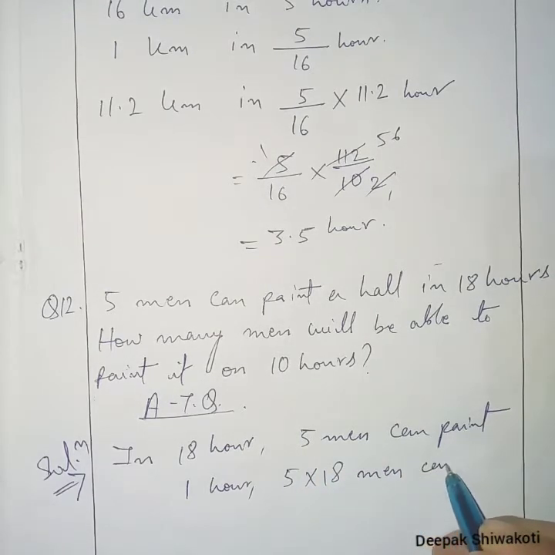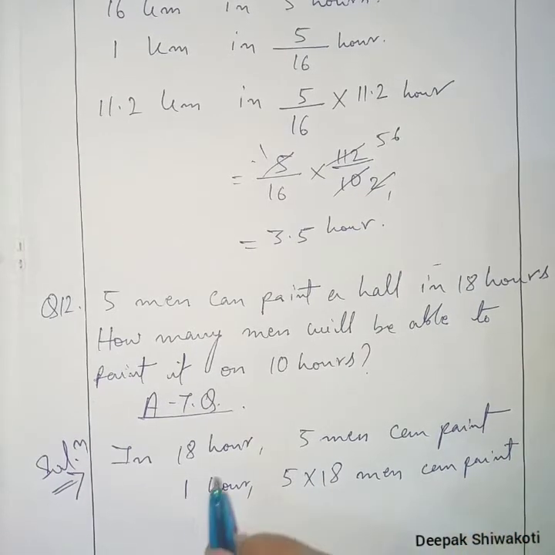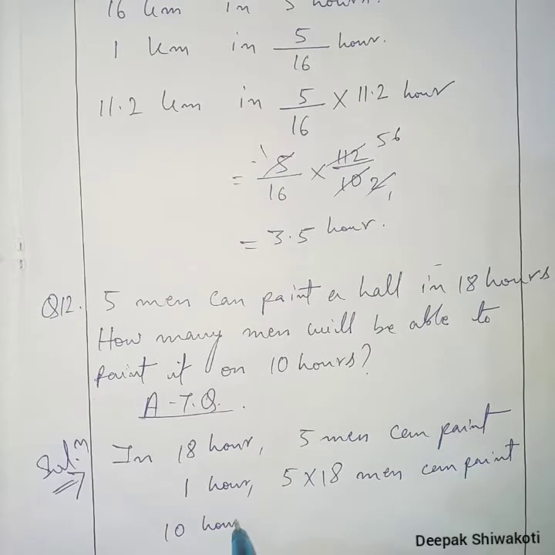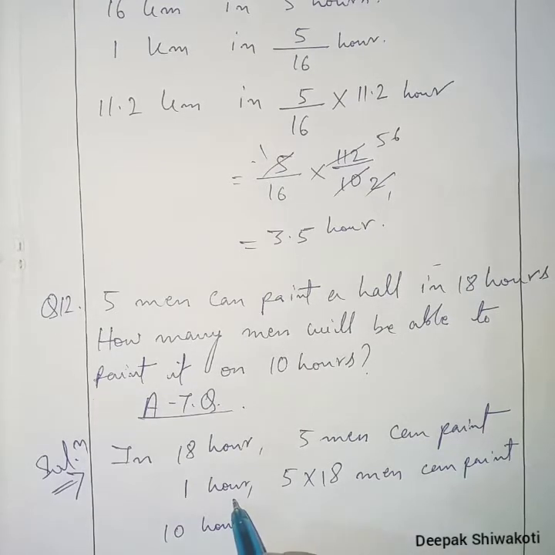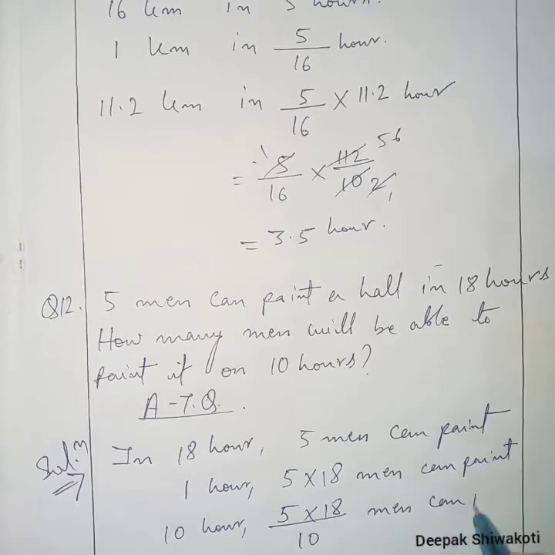Can paint, and again 10 hour. So 10 hour here time is more than this, that is 1 hour. So here number of men will be less than the 1 hour, isn't it? 5 into 18 divided by 10 men can paint.